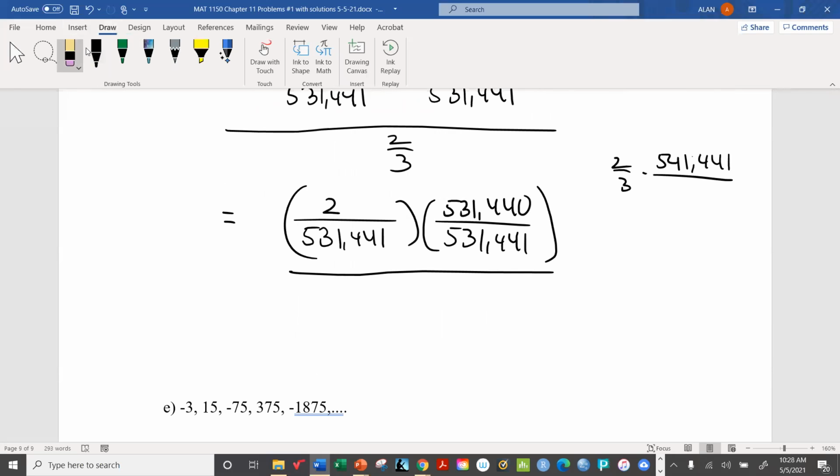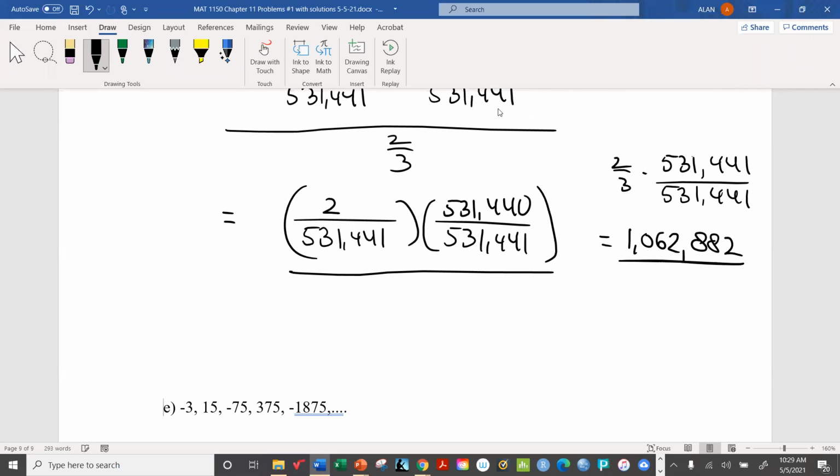Here we go, 531,441 over itself gives me $1 million.